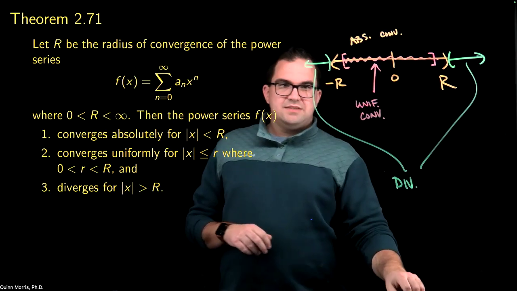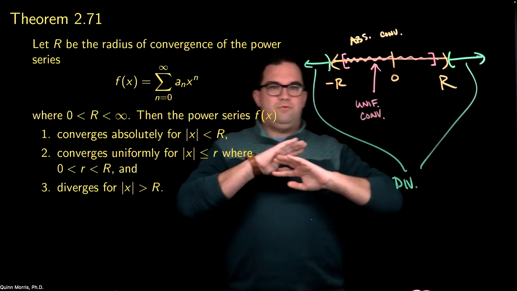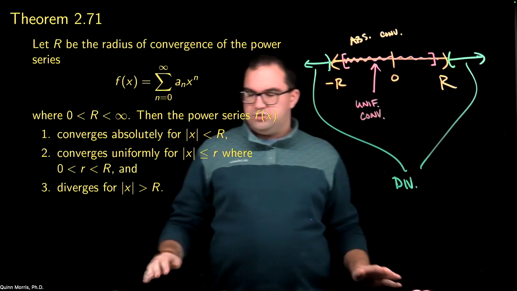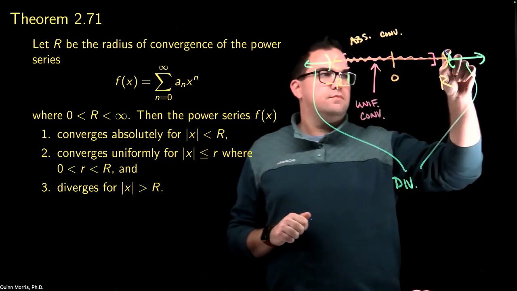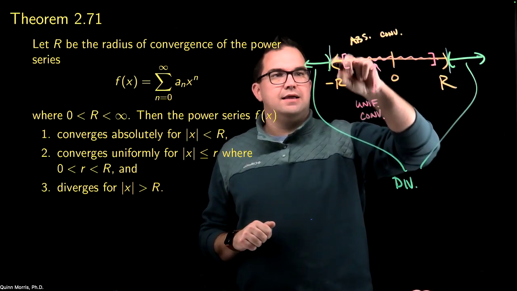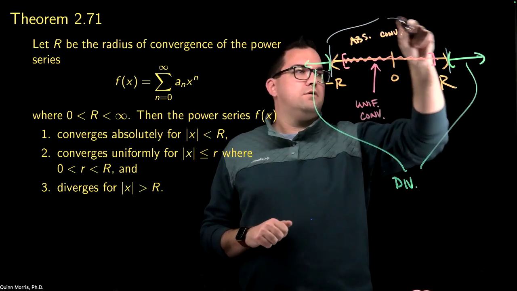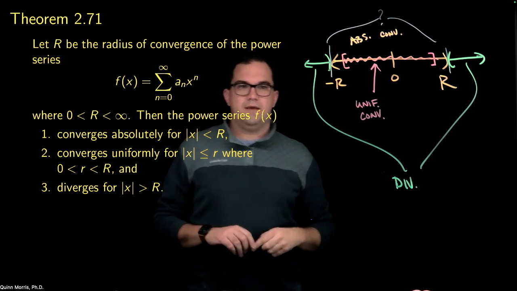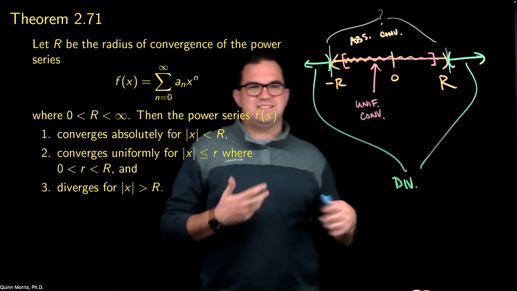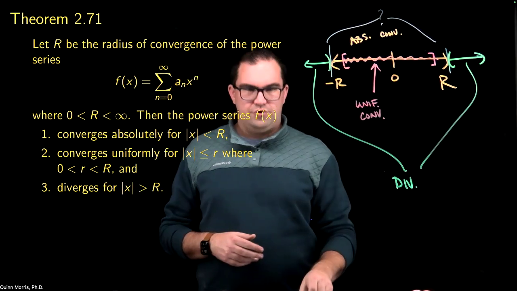So essentially what this does is it pretty clearly lays out the entire convergence picture except what happens exactly at R. So at R, who knows? And the answer is essentially that's a series by series kind of determination.